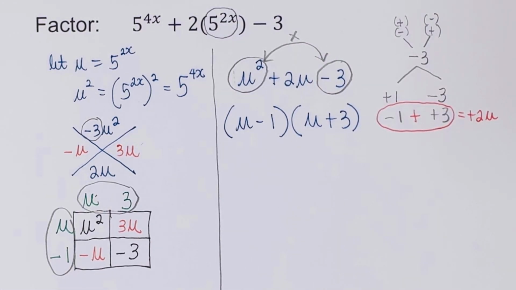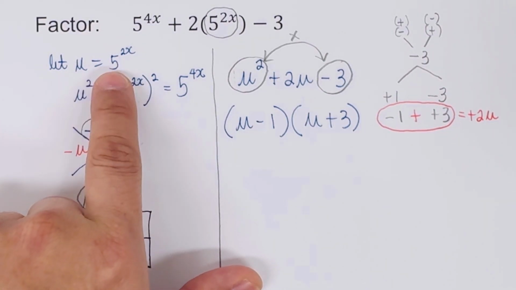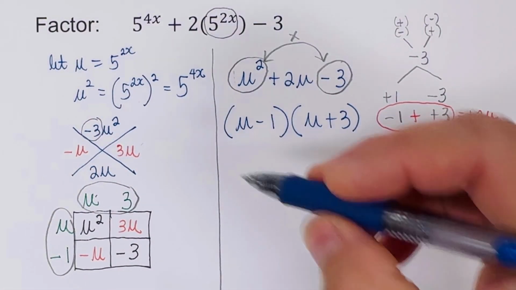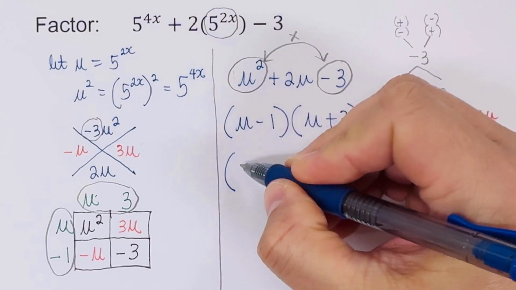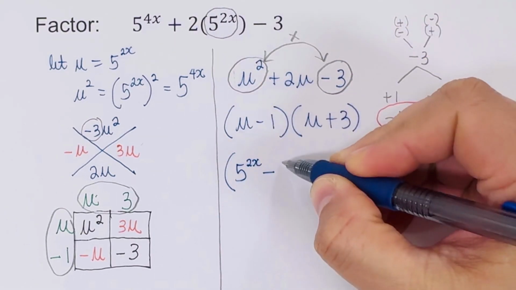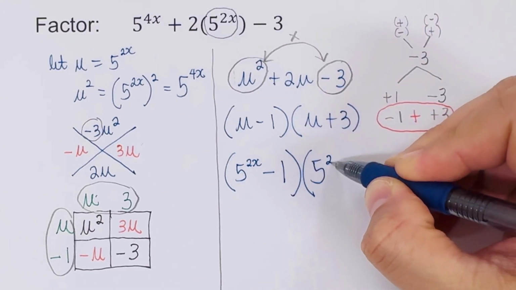Now we remember that at the beginning, we set u to be equal to 5 to the power 2x. So we're going to plug this 5 to the power 2x back into the u here, so that we can rewrite this as 5 to the power 2x, which was the u, minus 1, times the u again, 5 to the power 2x.